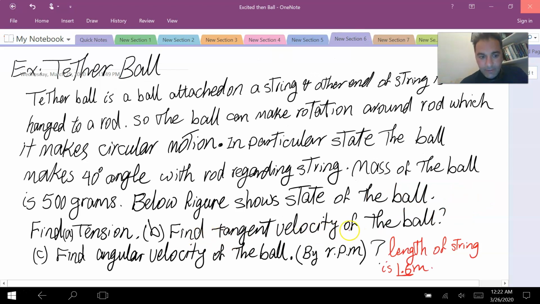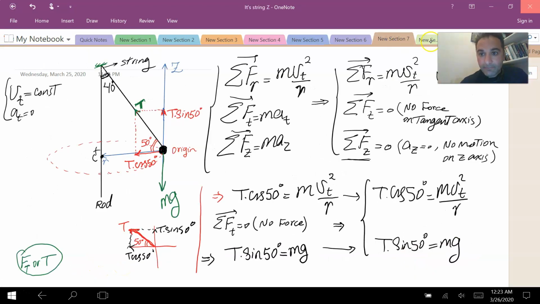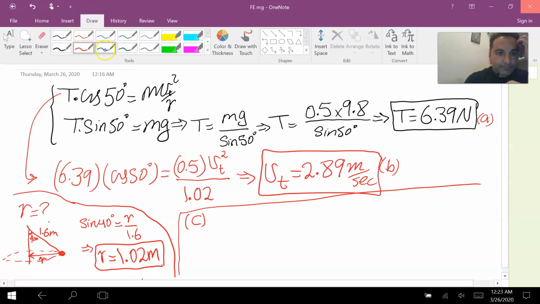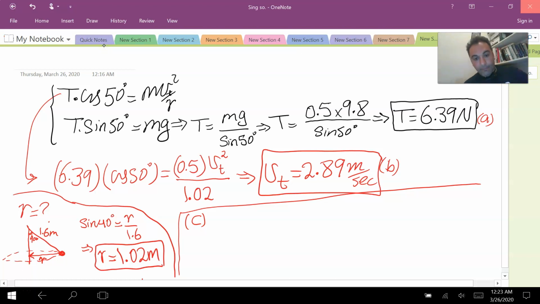Part C says find angular velocity. What is angular velocity in part C? This is part B. This was part A. Guys, they want us to find omega. Oh, okay. We do have VT, we do have R. So what is the relationship between VT and omega?